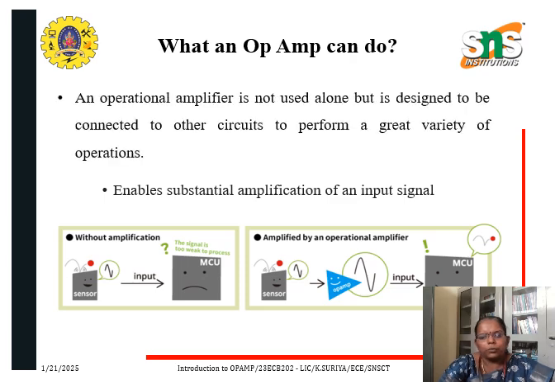What an op-amp can do. An operational amplifier is not used alone but is designed to be connected to other circuits to perform a great variety of operations. Some of them are: it enables substantial amplification of an input signal.